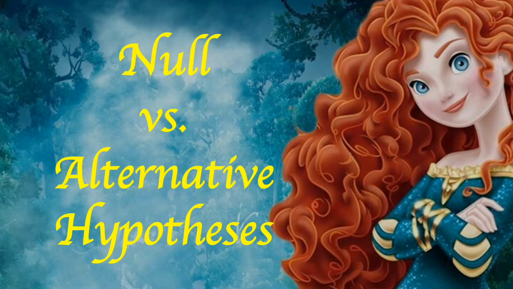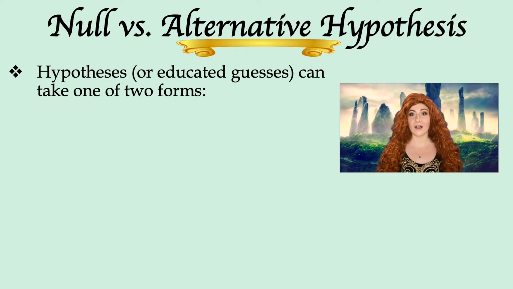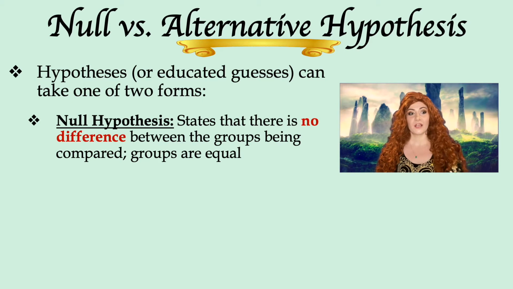So that brings us to the topic of the two different hypotheses we have: the null versus the alternative hypothesis. So once again, hypotheses are educated guesses, and they can take on one of two forms. The first type of hypothesis a researcher can have is the null hypothesis. The null hypothesis states that there is no difference between the groups that are being compared.